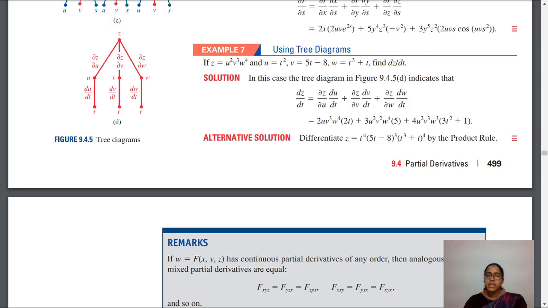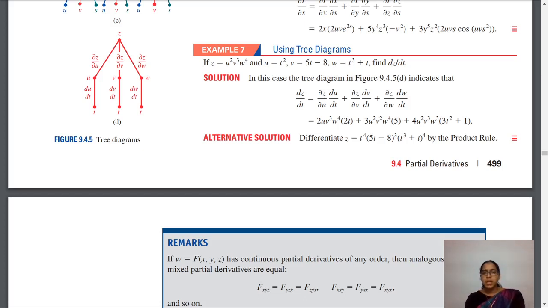That is dz by dt will be nothing other than dou z by dou u into du by dt plus dou z by dou v into dv by dt plus dou z by dou w into dw by dt. So you can solve it using tree diagrams, or if it is not comfortable for you, you can use our normal method also. You just have to remember the formula.